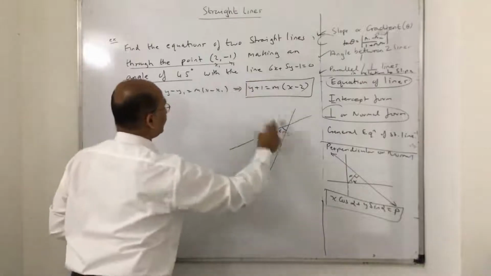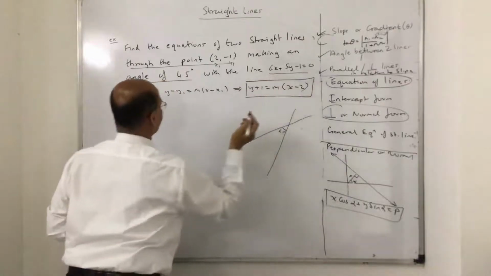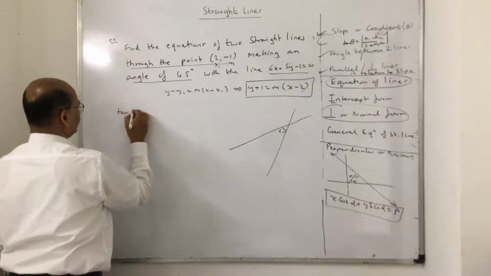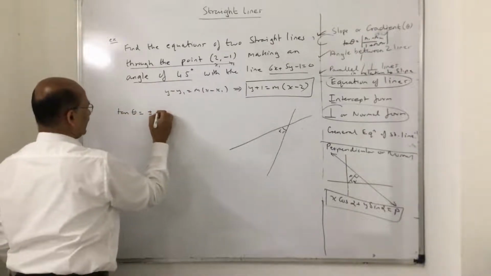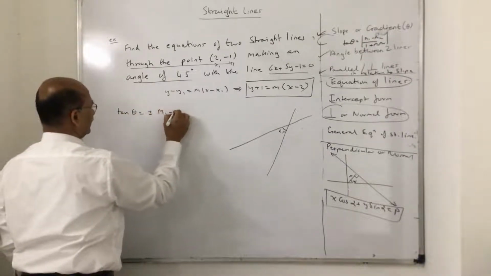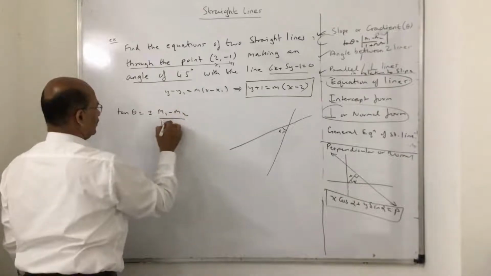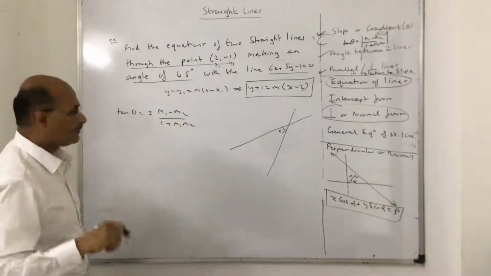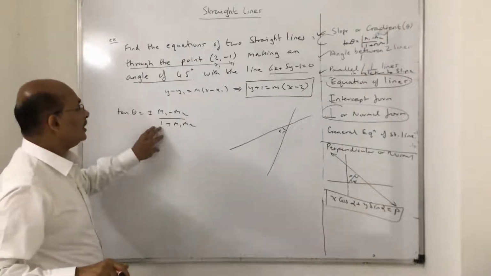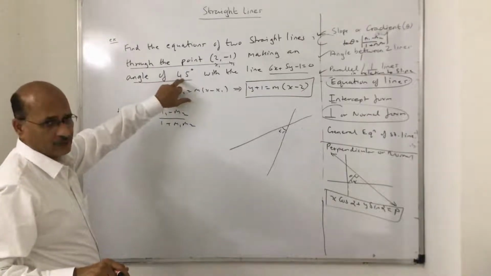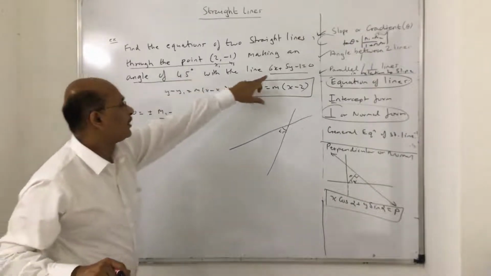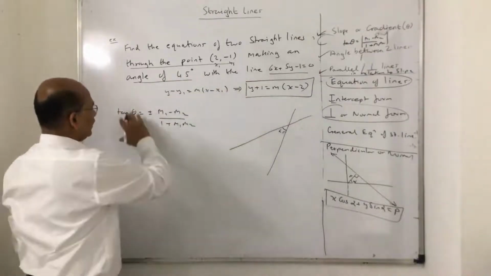Now let us see. One of the lines is 6x plus 5y minus 1 equal to 0. So tan theta is equal to plus or minus (m1 minus m2) upon (1 plus m1 m2). Do you agree with this formula? Do you remember this formula? Why do I take the complete angle? Because the angle between the lines is given to you, right?